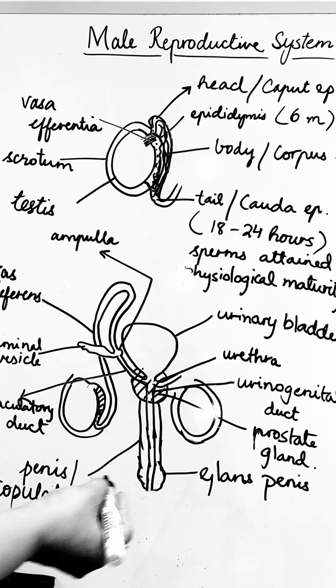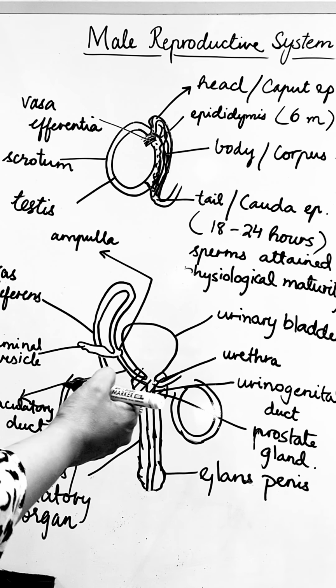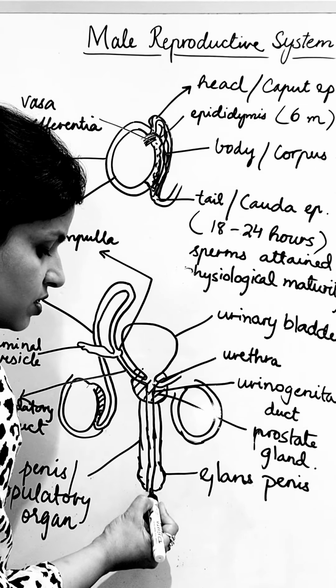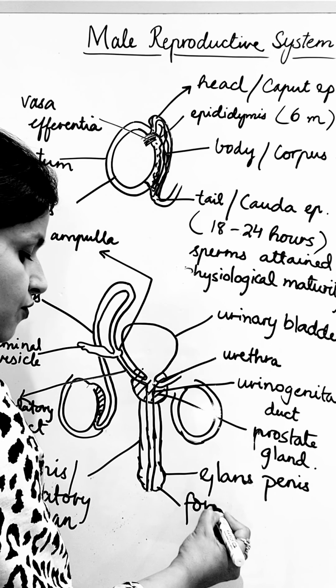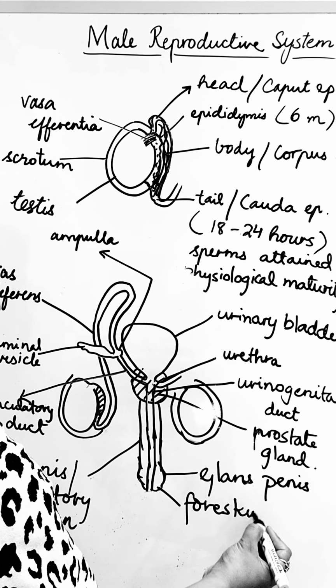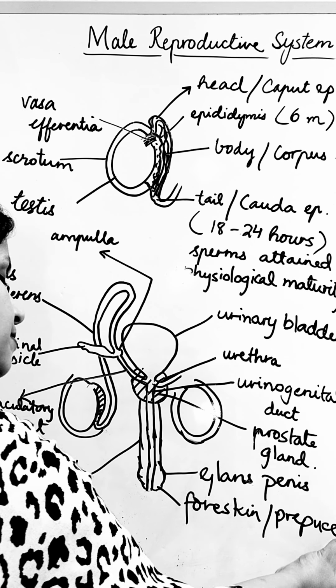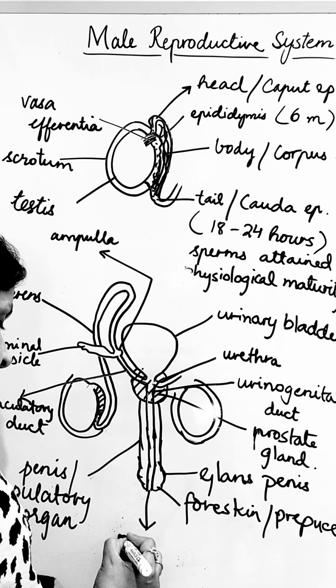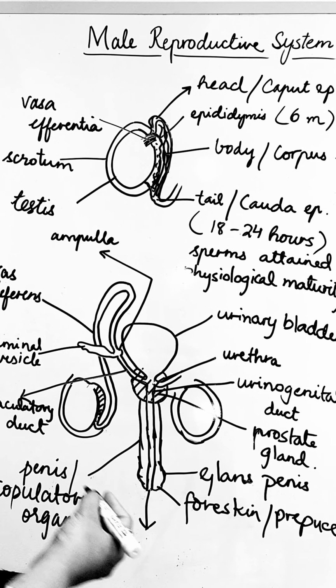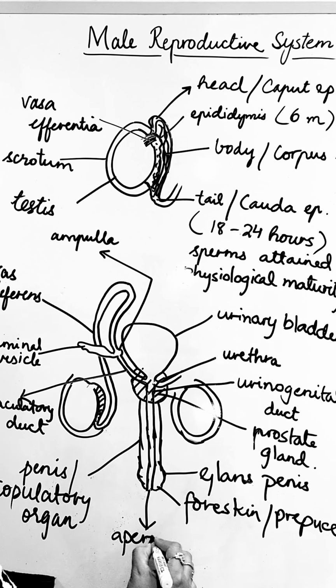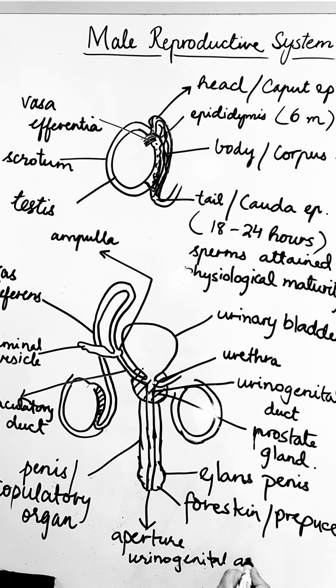Then at the end of this, there is a loose skin called the foreskin, or prepuce. And this opening is called the urogenital aperture.